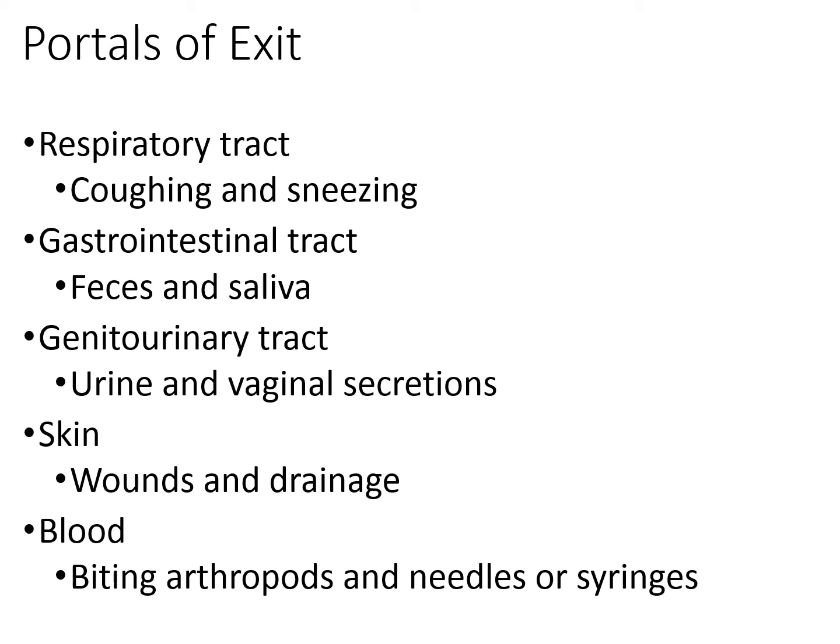So we began this series of lectures talking about portals of entry. That is the ways that microbes actually get into the body. Remember we talked, for example, about how they can come in contact with the mucous membranes of the respiratory tract or the GI tract. We talked about how they can penetrate the skin via follicles or pores, and then they cause different diseases. We talked about the parenteral route that delivers pathogens below the surface of the skin.